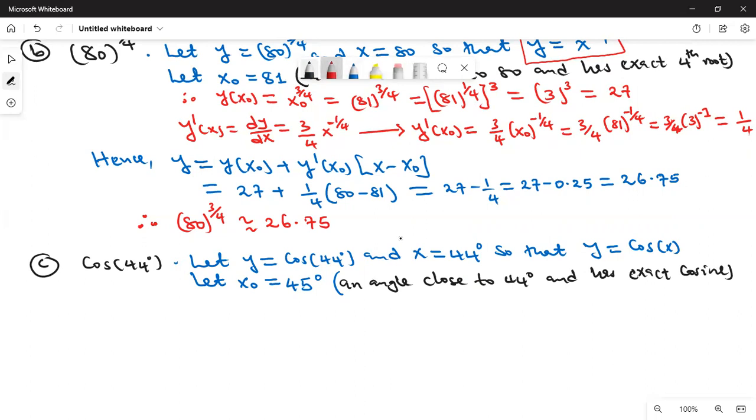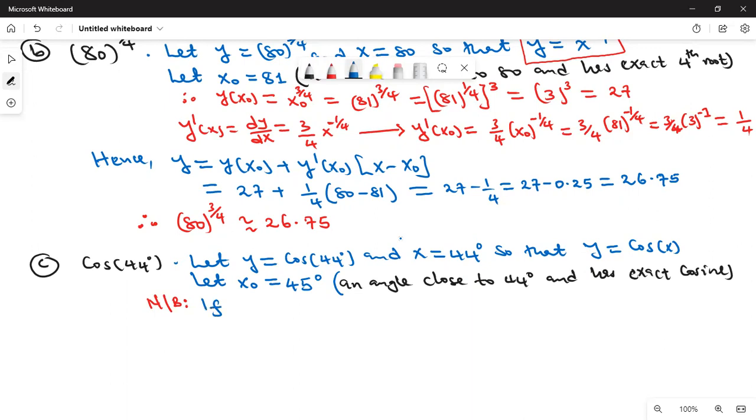Now, when you deal with angles, it is better to convert the angles to radian. Take note that when dealing with angles, or simply if your function is trigonometric, then it is better to convert the angles to radian.